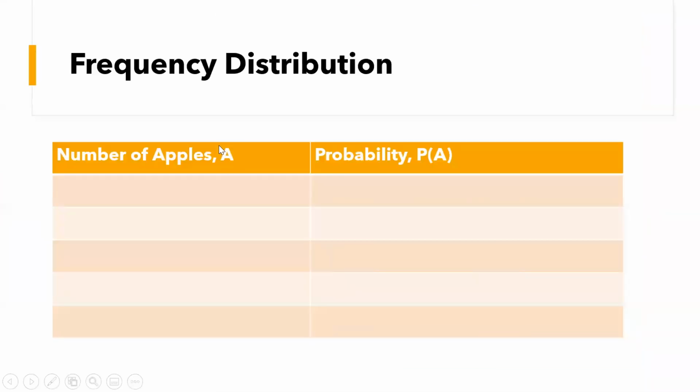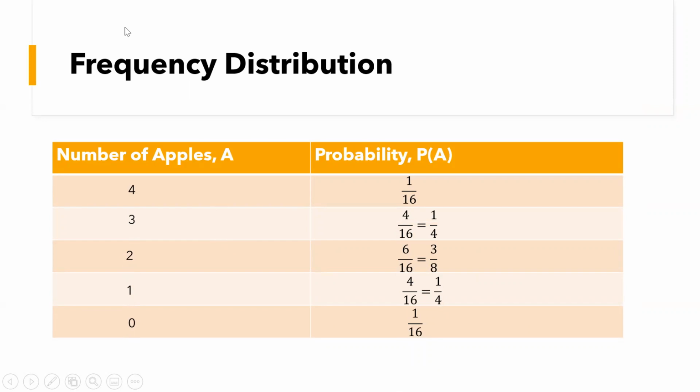Here's how we construct a frequency distribution. The number of apples represents the value of the random variable, and from the probability, as I mentioned, we stick it here.